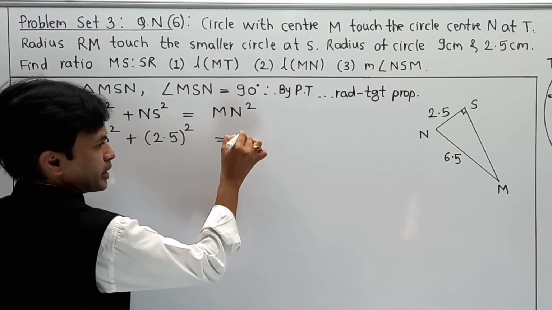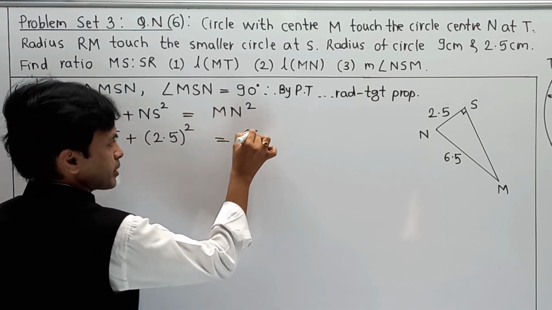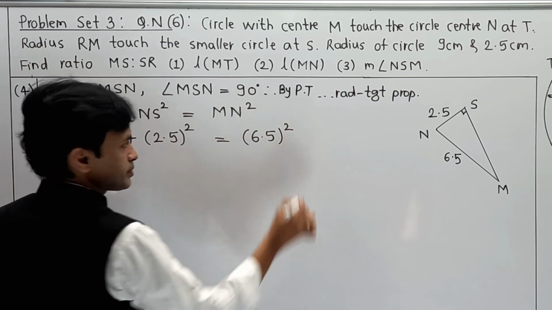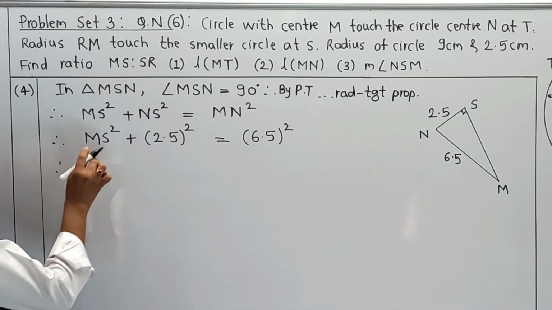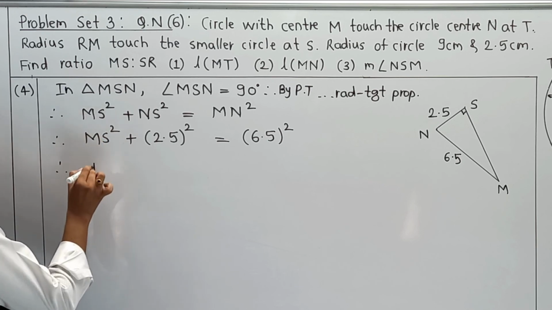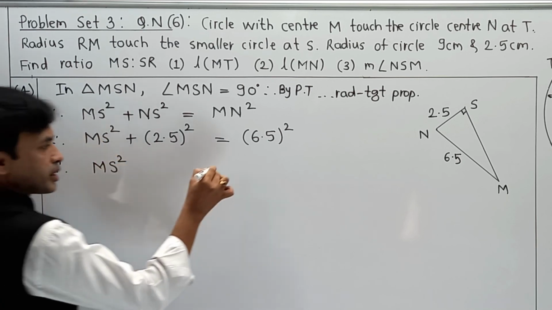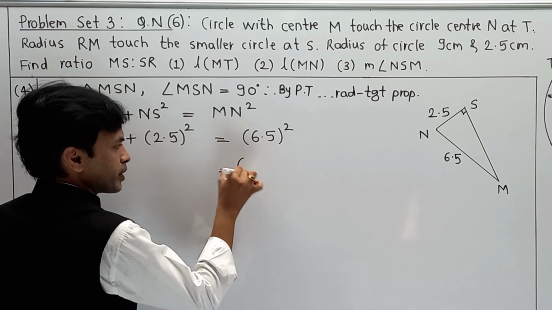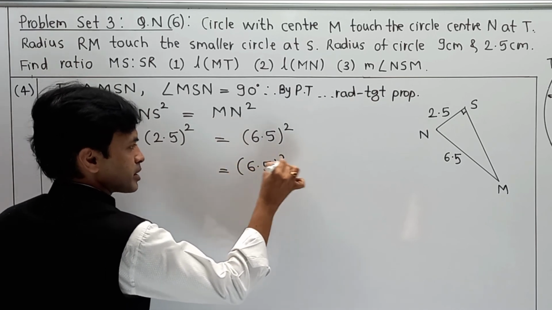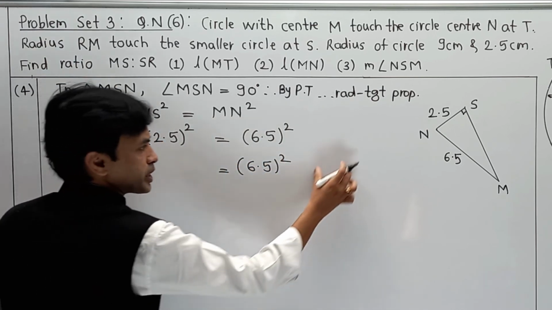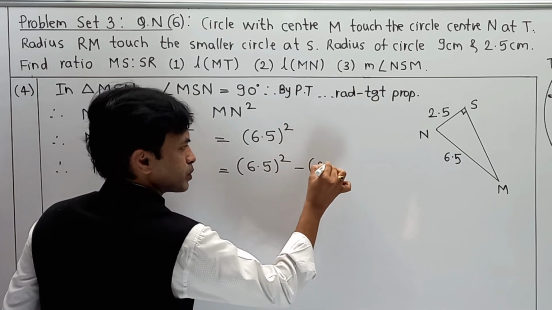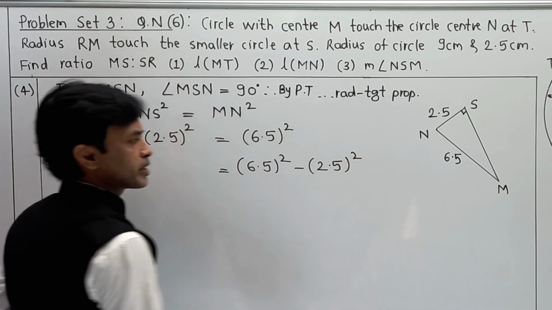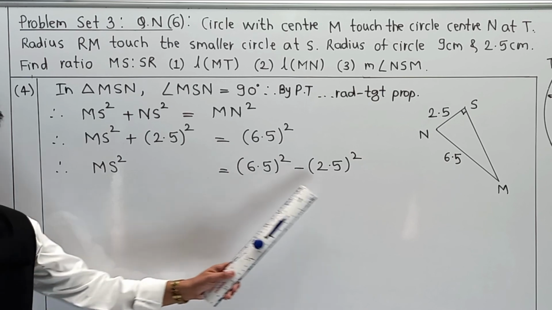MN we have calculated as 6.5 centimeter. Now simplification. As we are interested in MS square, it is equal to 6.5 bracket square, and when this 2.5 is shifted to that side, it becomes minus 2.5 bracket square as usual.